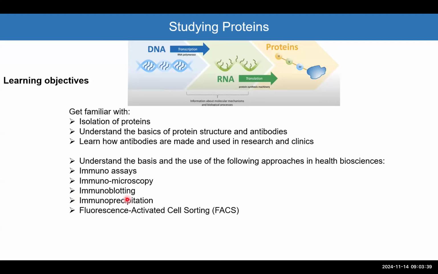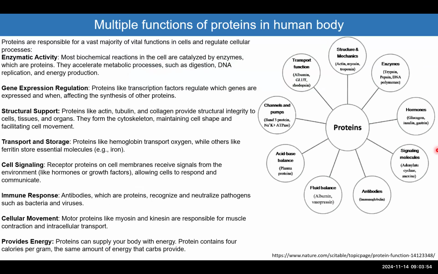And immunoprecipitation. So for example, if you have one protein that you would like to see which other protein it binds, you also have to use everything we're going to use here. It will depend on the generation of antibodies.